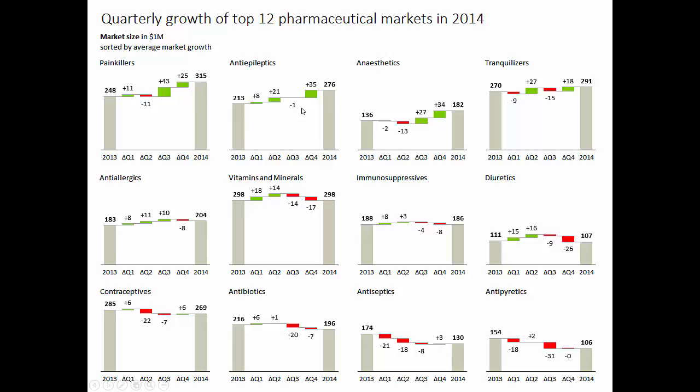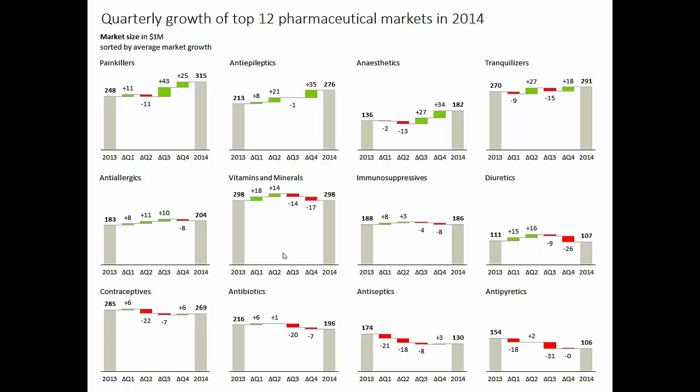So it's really easy to see whether markets are growing like these ones, or then here in the middle we have certain markets that had growth in first and second quarter, and then the growth actually is negative, so the markets are going down. And here at the end we actually have certain markets that are declining.